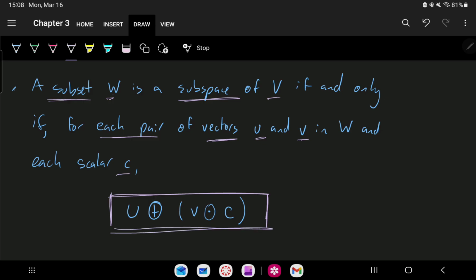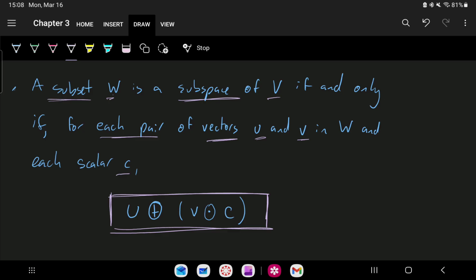We can say U plus parentheses V times C. And since this should be associative and commutative, we can even rearrange this if we want. It doesn't really matter, since U and V can be anything.